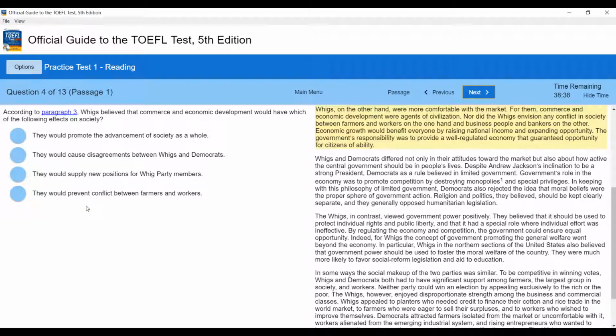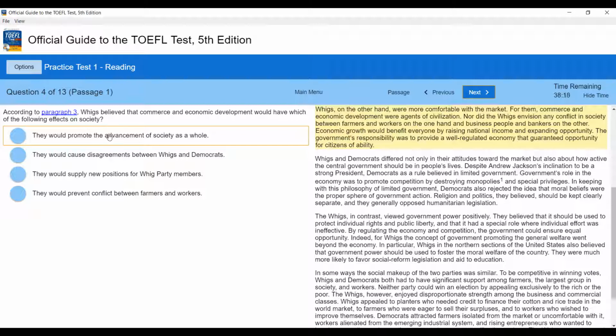So promote the advancement of society as a whole, not prevent conflict, and it wouldn't be creating these positions, and it wouldn't cause these disagreements.